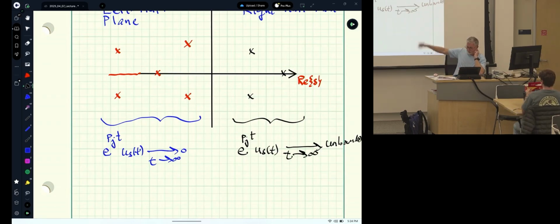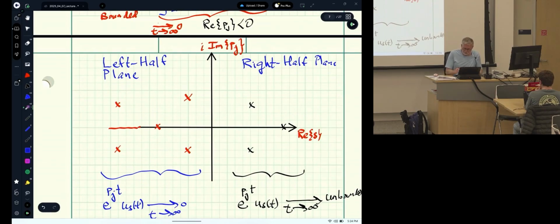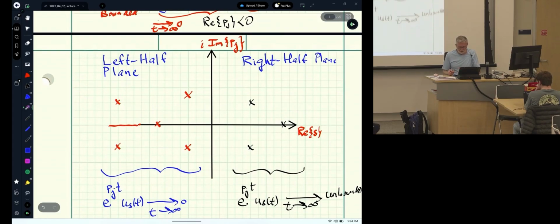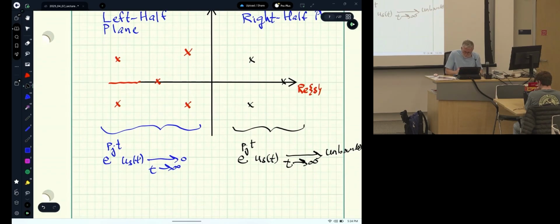They could be oscillating, so they may not have a limit. Okay, they may not have a limit, but the real part of this is positive. Here's the real part. Here's the real part. Here's the real part. It's negative, negative, negative. These guys converge to 0. And these guys don't. And if there were something just on the imaginary axis, they would just be pure oscillation.